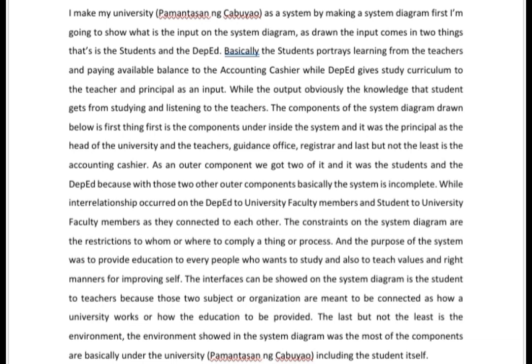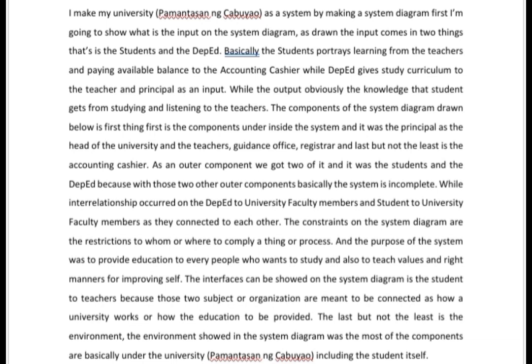Kung baga doon ka lang dapat mag-proceed. Basically, an example nun is yung student para humingi ng knowledge is sa teacher lang naman para makinig, para mag-learn, and para naman sa pagbibigay ng bayad.